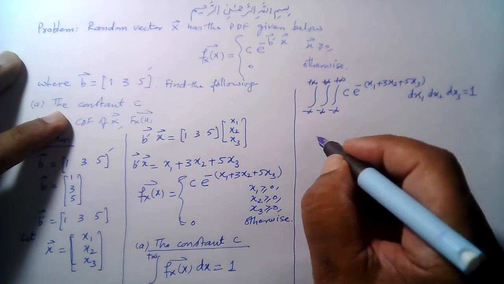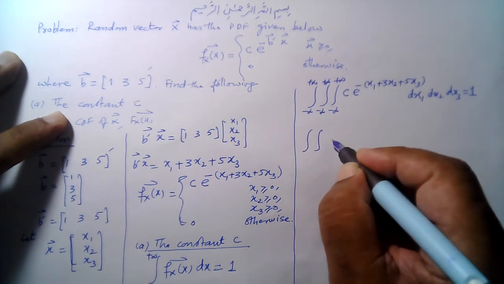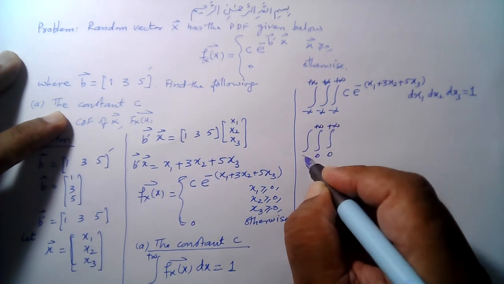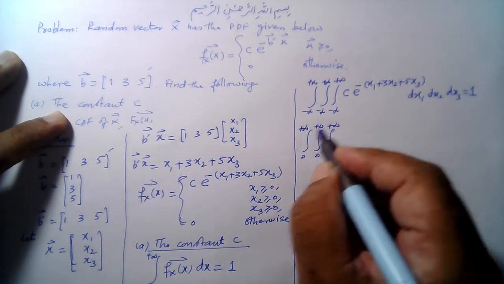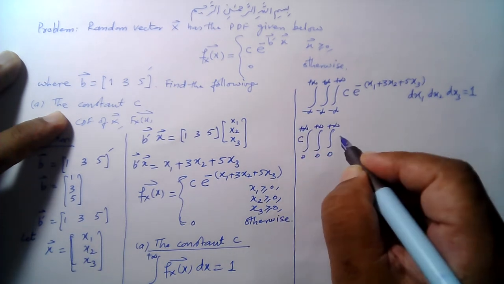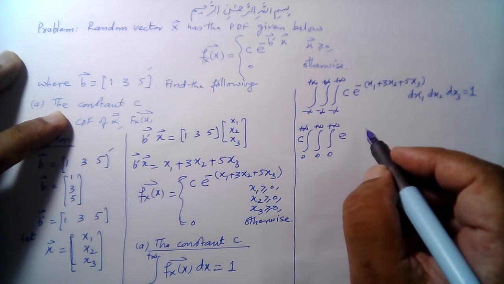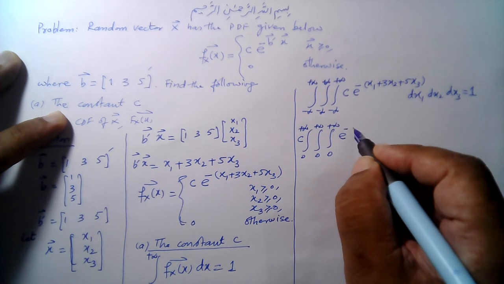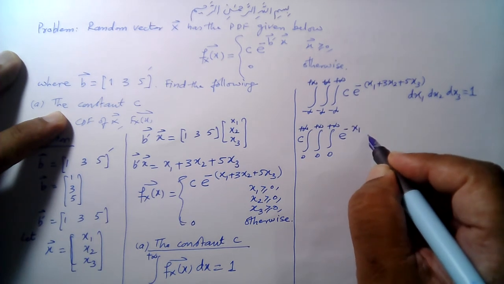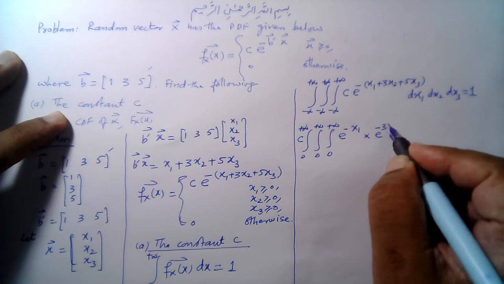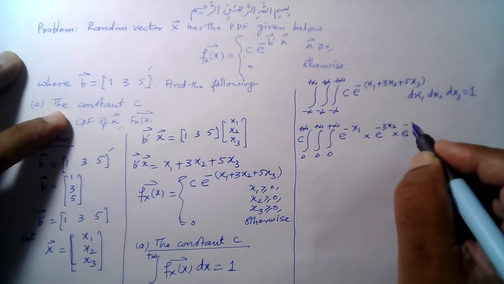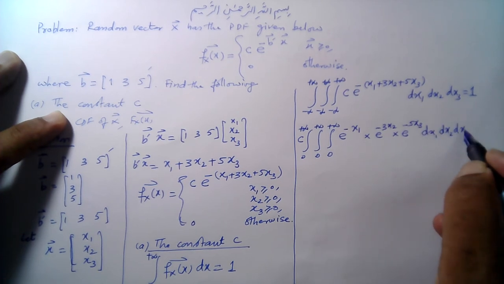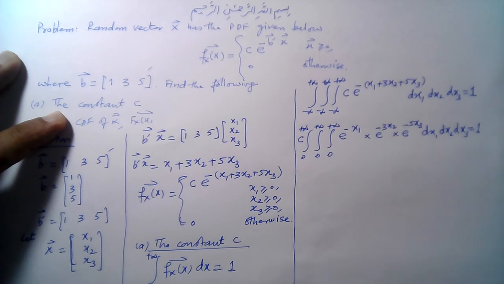So we can write this triple integral like this: 0 to plus infinity, 0 to plus infinity, 0 to plus infinity, and c can be taken outside as a constant, e raised to power minus x1 multiplied by e raised to power minus 3x2 multiplied by e raised to power minus 5x3, and dx1, dx2, dx3, and the answer should be 1 here, right?